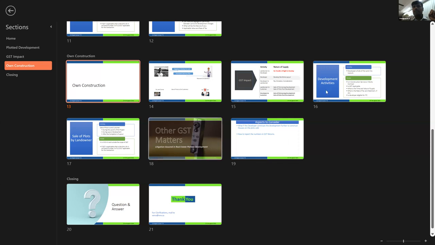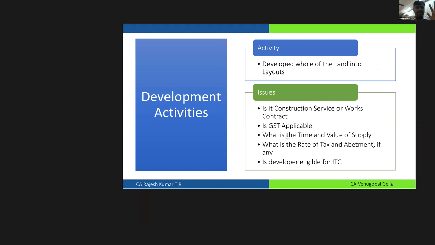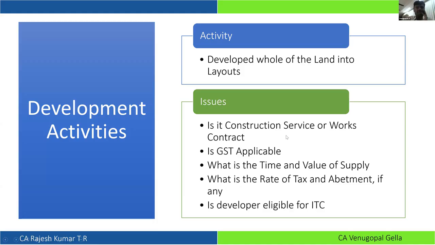Yeah. So if this activity is done by the landowner himself, or by engaging a third party, there is no change in my answers. Whether it is done through a third party or by himself, there is no change in my answer.